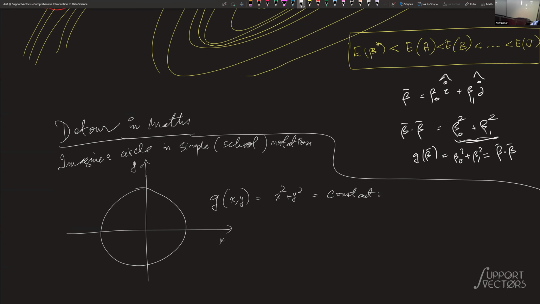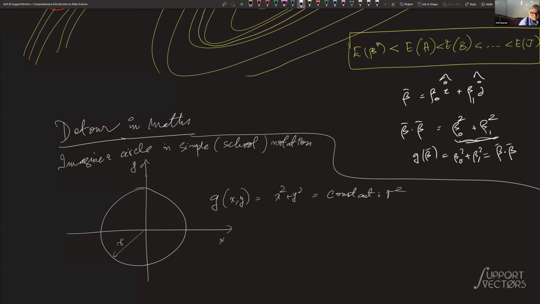Let me call this constant r squared, which is basically the radius of the circle, right? So different circles will have different radii. All you're saying is all points which are at the same distance from the center define a circle.